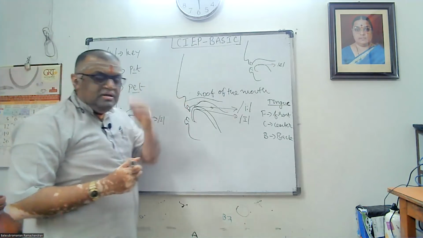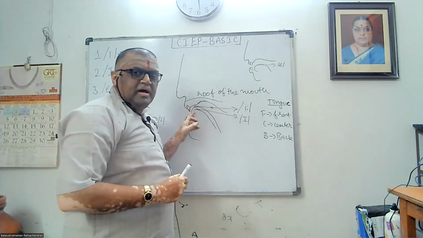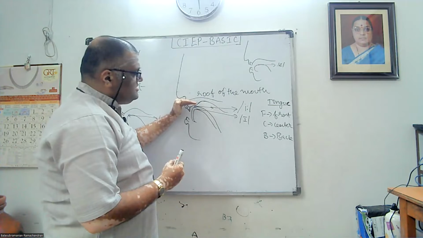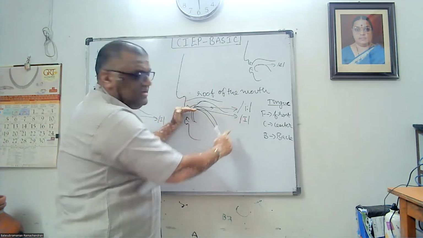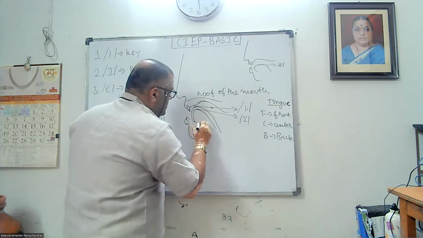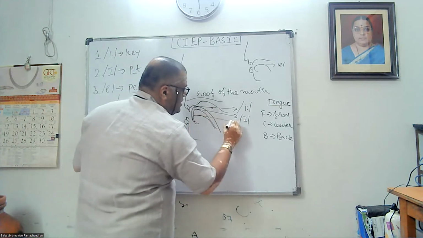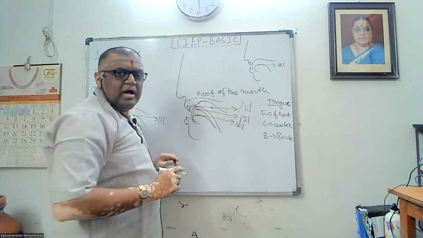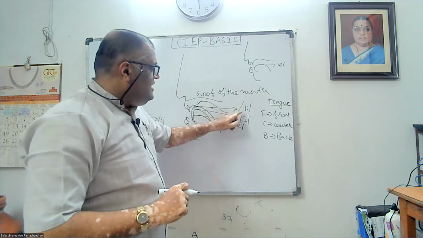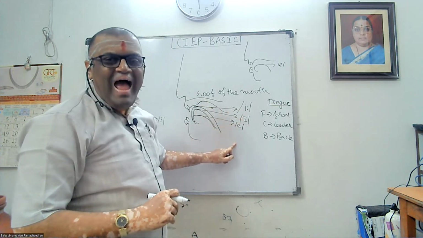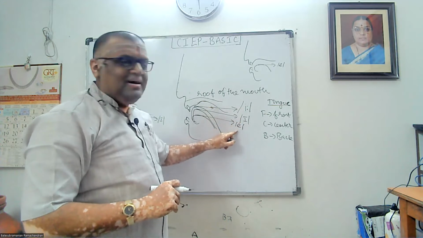How will you show this? The front part of the tongue, the height is highest for E, a bit lower for the next, a bit lower for the third, and the lowest for the fourth. E, A, A. E, A, A.